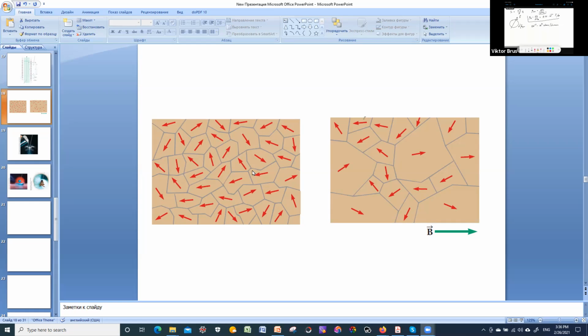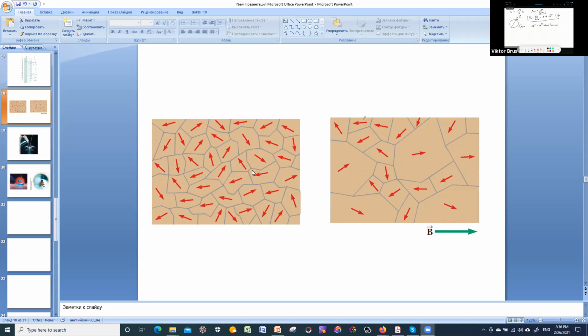So if we heat it up above a certain temperature, called the Curie temperature, ferromagnetic materials lose this induced magnetization and come back to their original state.